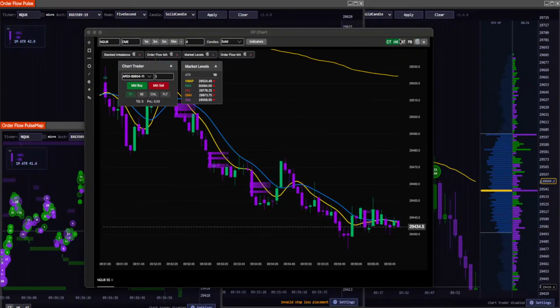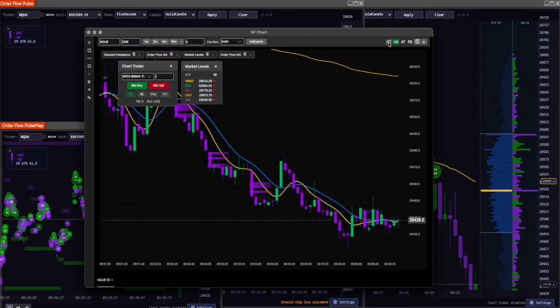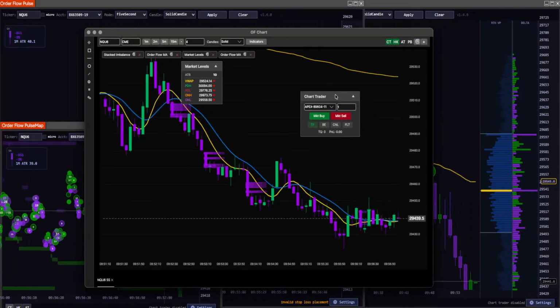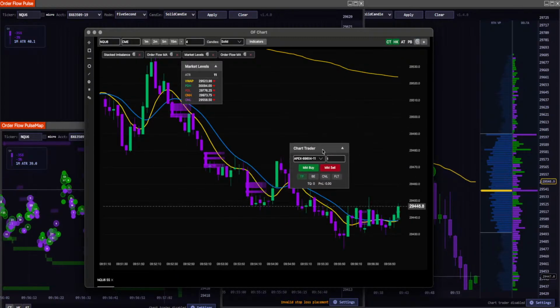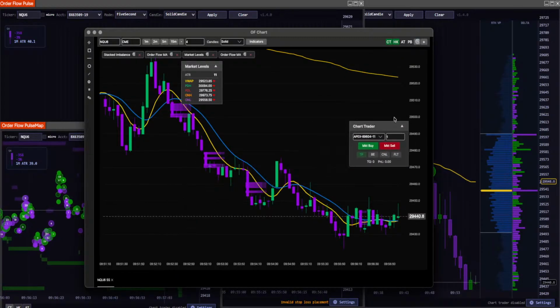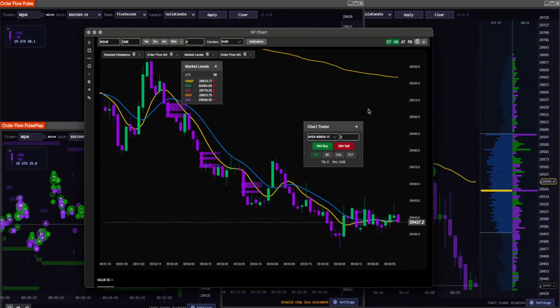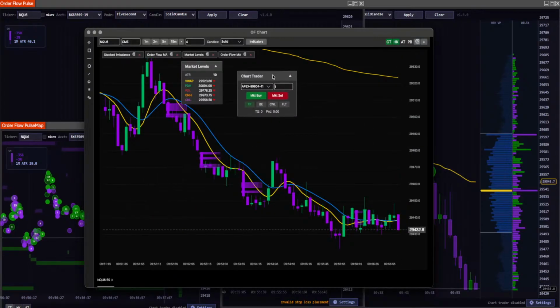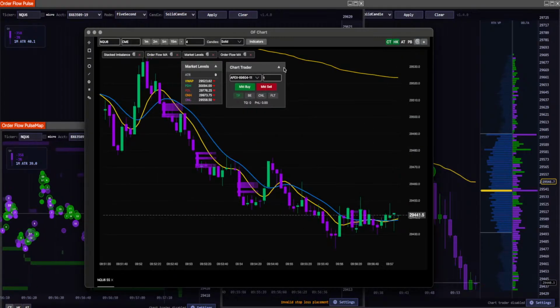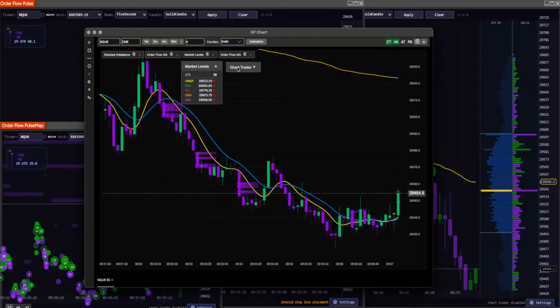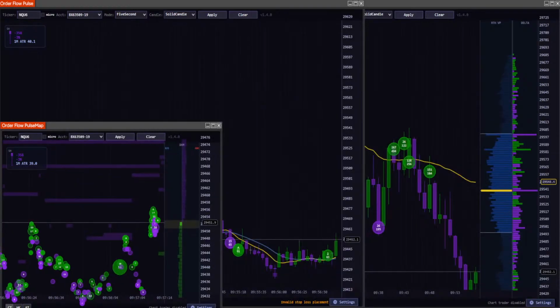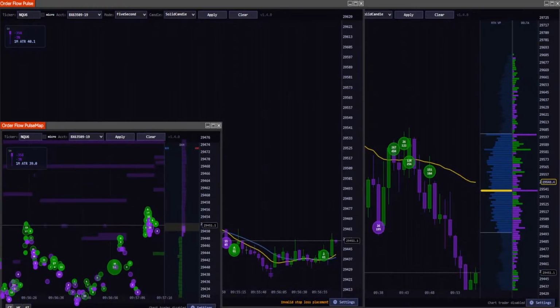And also the chart trader. When you enable chart trader on my custom platform, you're going to have a floating window that you can move around, or you can just put it up like that and not worry about it.